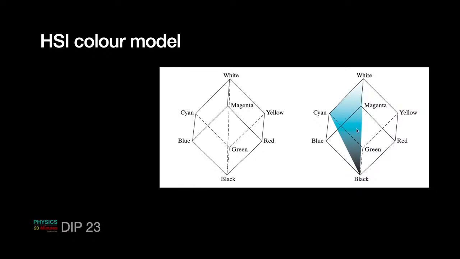For example, if you draw a triangle like this, a triangle in a plane, one side is this diagonal, other side is this, and this side is this, then this end of the triangle is almost black, this end would be almost white, while this end will be a very bright cyan.